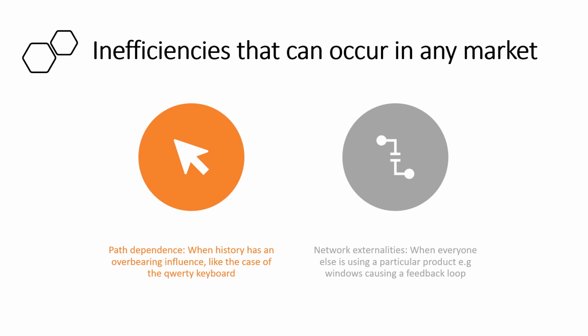So I'm going to talk about 2 major inefficiencies that can occur in any market and skew the market. One is called path dependence and one is called the network externality effect. Path dependence is when something starts out a certain way and then people just keep on doing it.